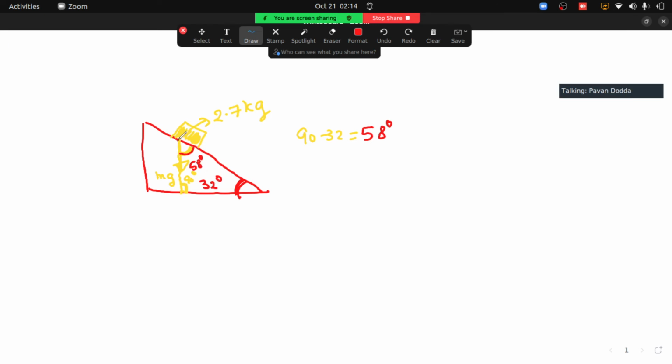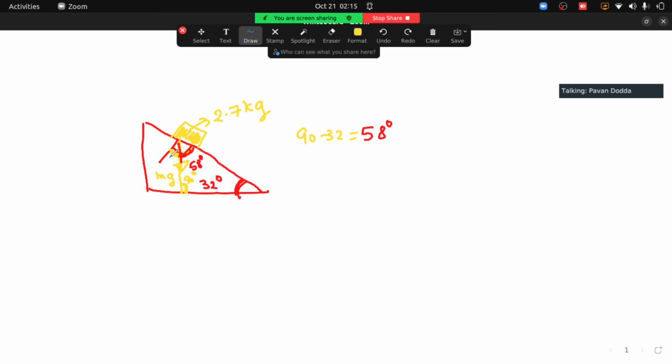Now let's say this is perpendicular, this is 90 degrees and this is 58 degrees, and this angle would be 32, because the total angle is 90.